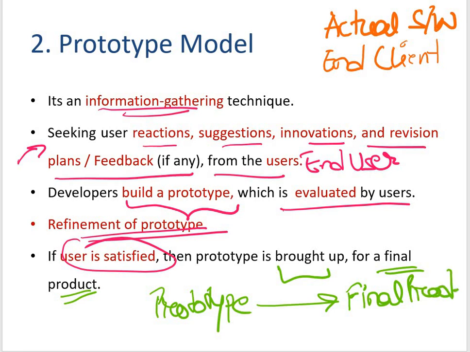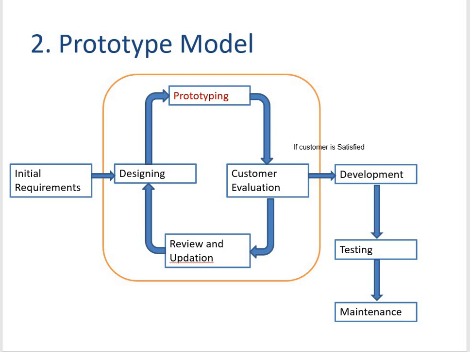So let's quickly see what the basic purpose is and how it looks. In this particular model, we are trying to feed this initial set of requirements. Once we get this initial set of requirements, we do the initial level of designing.